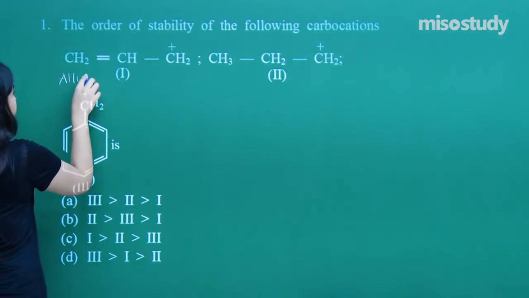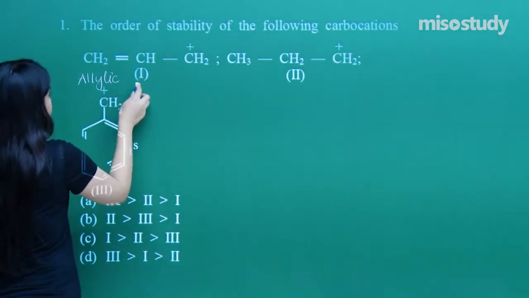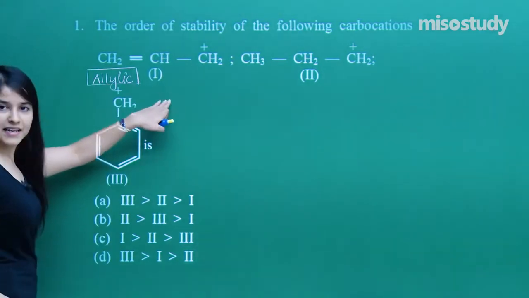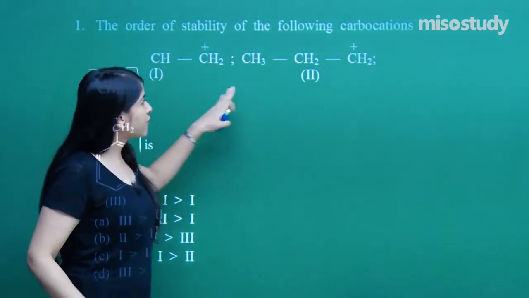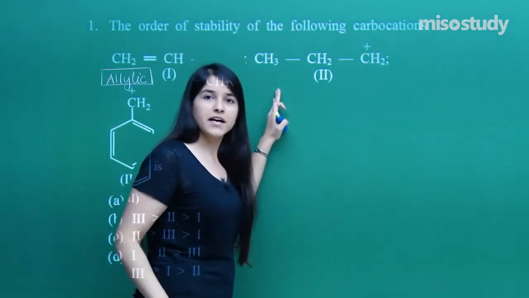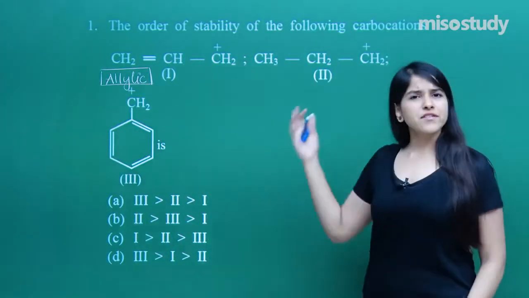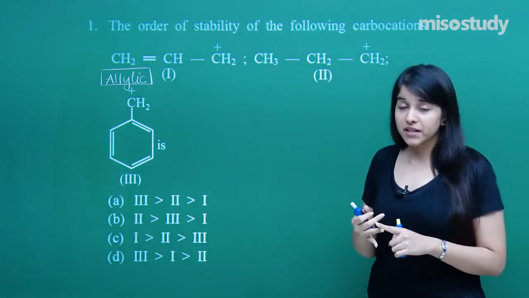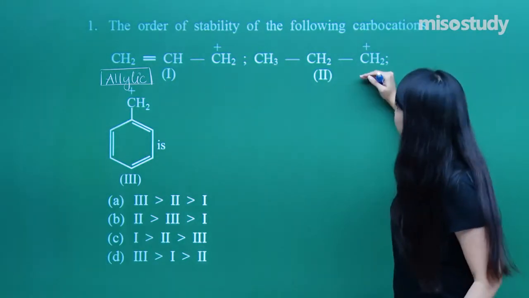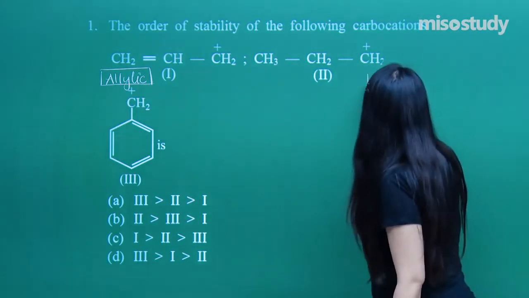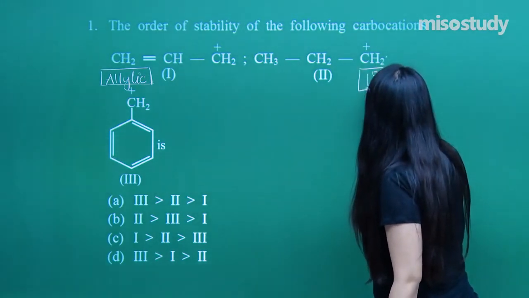Now if I move on to number 2, what is this carbocation? This is a general carbocation. It could be primary, secondary or tertiary. Here it is nothing but a primary carbocation.